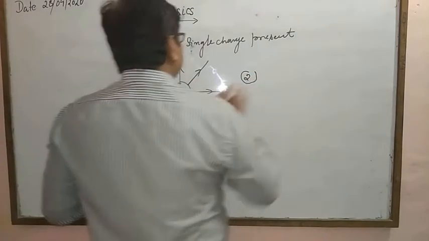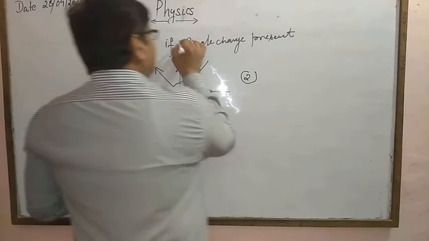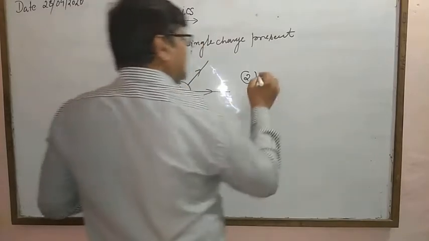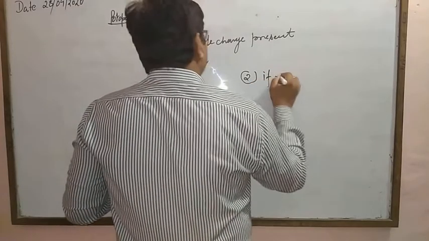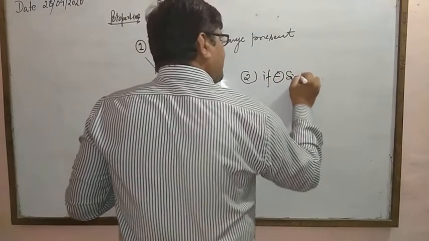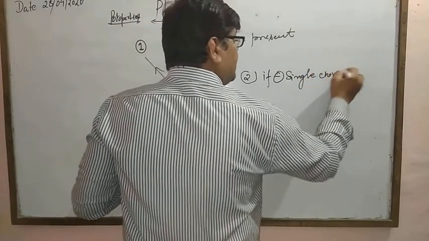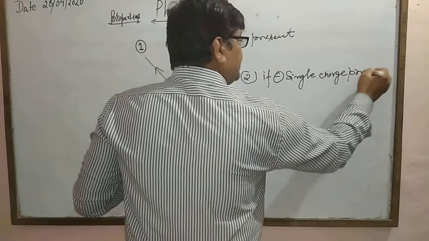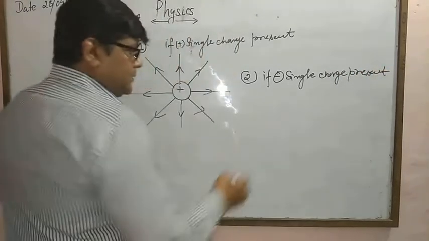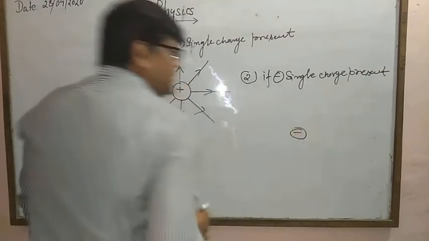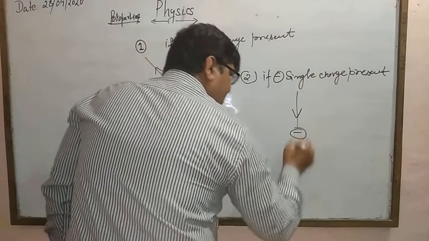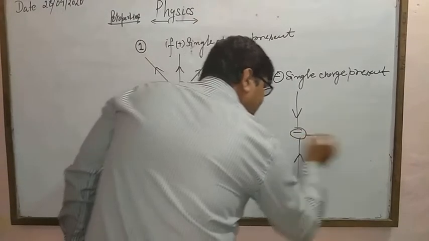Second, if a single negative charge is present, these lines come from infinity and terminate on the negative charge.